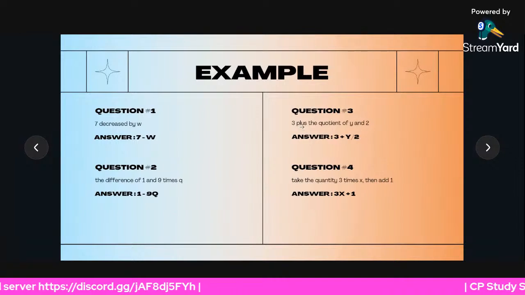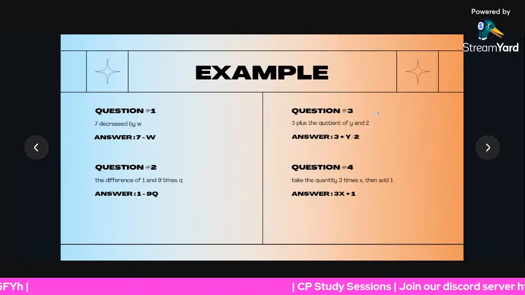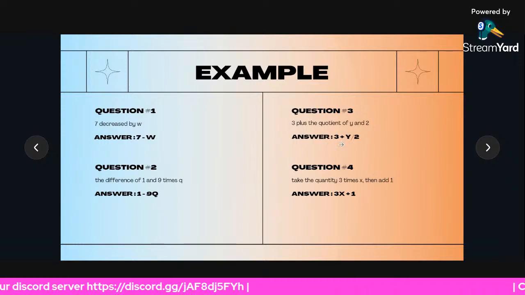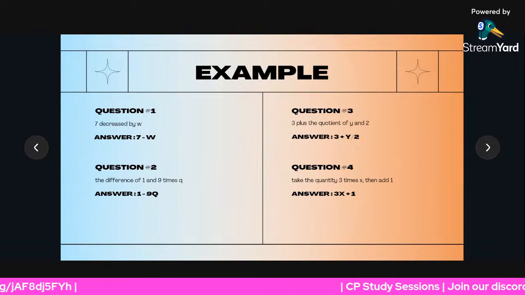Tapos, nasa unahan yung 3 kasi kita naman natin sa algebraic expression, ang inuna niyang ilagay is yung 3. Then yung keyword natin for addition. Kaya siya naging 3 plus y over 2. So, malinaw ba yon?